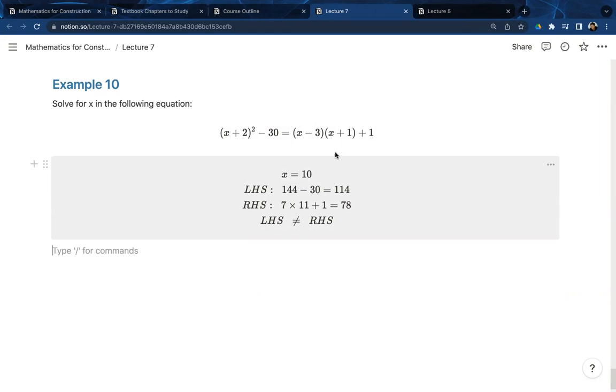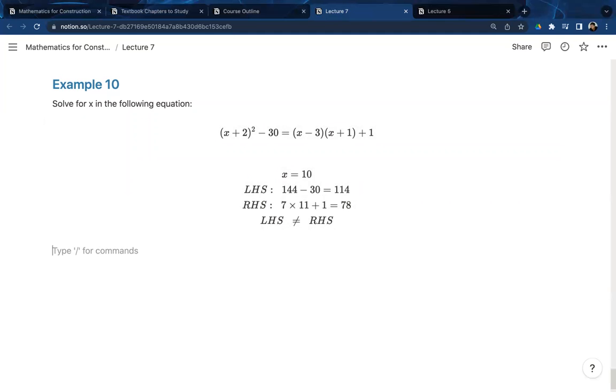With the right hand side now, 10 minus 3 is 7 by 10 plus 1, 11. 7 by 11, 77 plus 1, 78. The two sides have different answers. So clearly 10 doesn't make this equation true, right? 10 is not the answer for this. And you see that the left hand side is not the right hand side. So it's very easy to check your answer, okay?